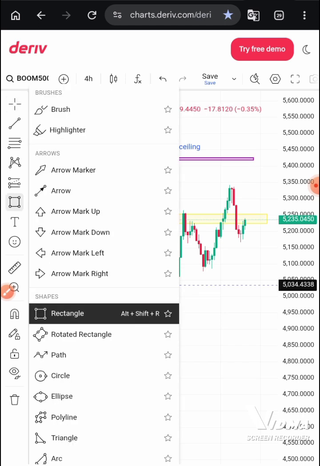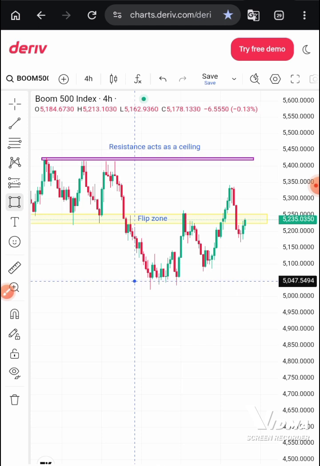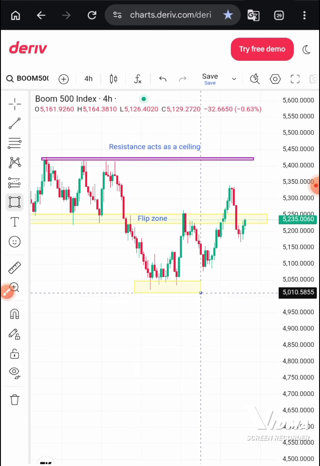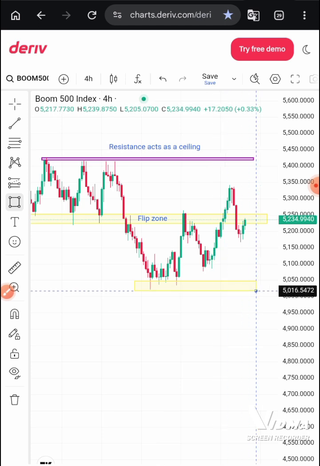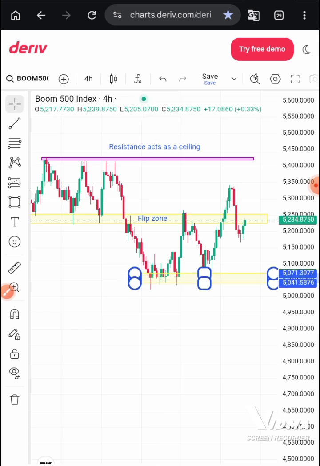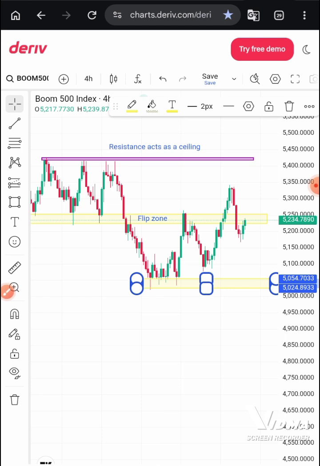Remember, if there's a resistance, there has to be a support, right? There has to be a level where if ever price is being pushed down, it is being pushed down towards a certain level. So this one here is our support zone. Our support acts as a floor.